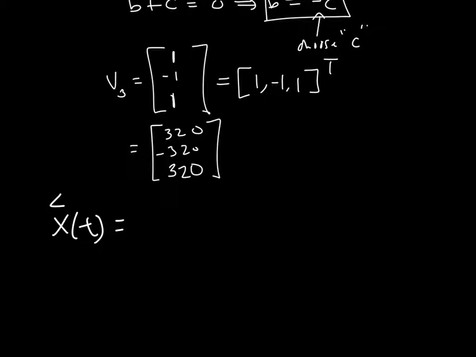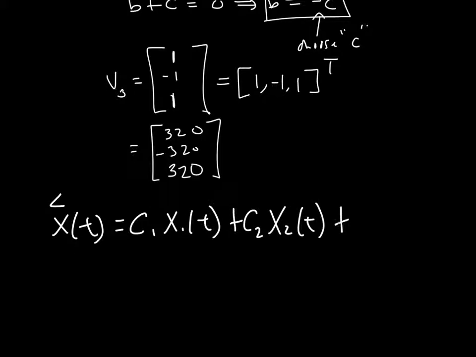The book talks about Cn times n linearly independent vectors, and we have 3 linearly independent vectors. So I'll write it from the book as C1 times x1 of t plus C2 x2 of t plus C3 x3 of t. And then we know what these are.